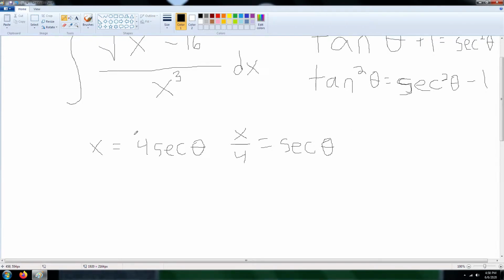So, if we were to square both of these sides here, x squared equals 16 secant squared theta.